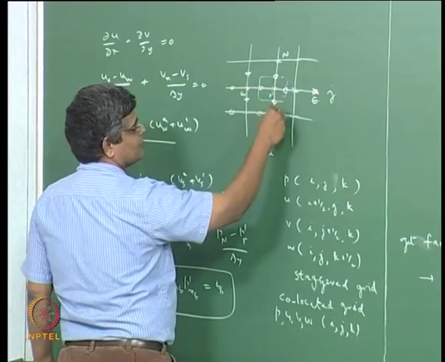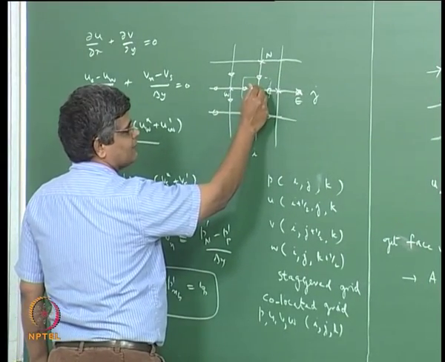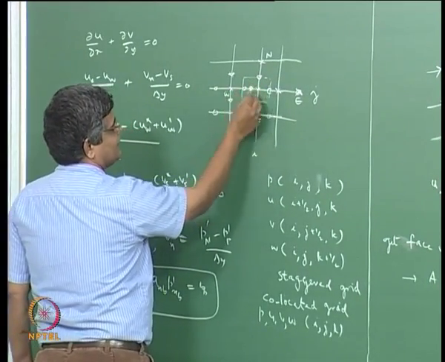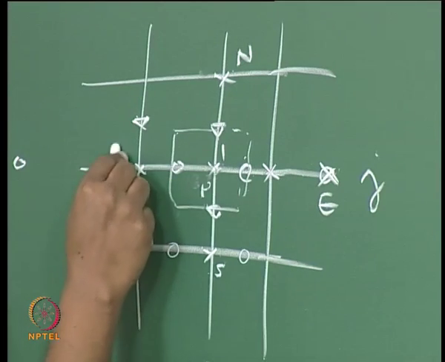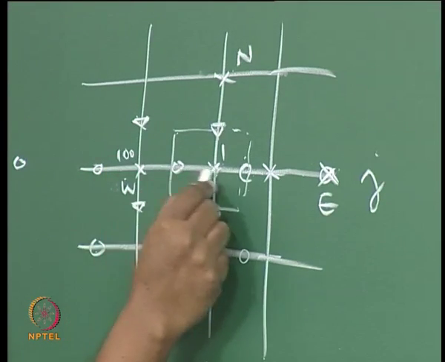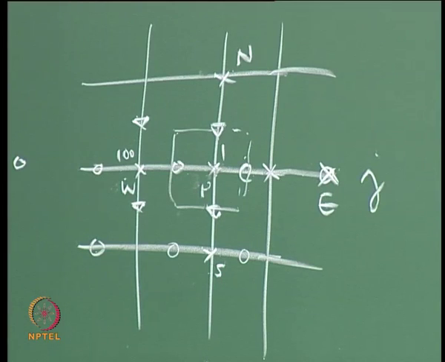So there is a strong say of the pressure at this point, and if you have something like 100 like this, then immediately it will see that there is something wrong.